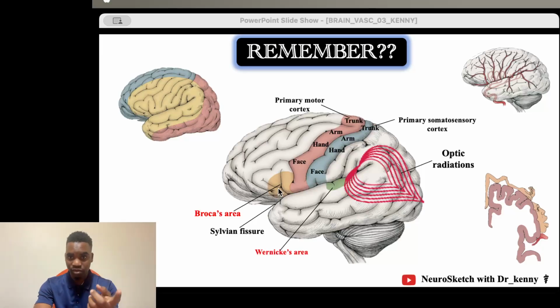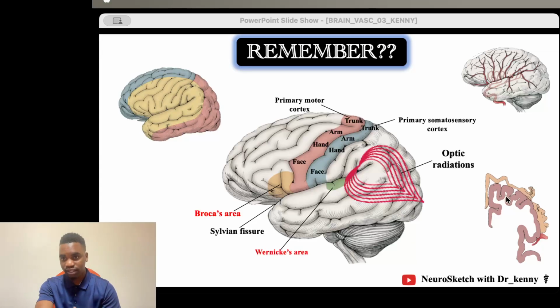Broca's area will be affected in the superior division, and all the somatosensory areas. But if the inferior division is affected, we know we have Wernicke's area somewhere around here, and the inferior portion of the optic radiation, and all of this will be affected. And remember now the somatosensory and the primary motor areas.